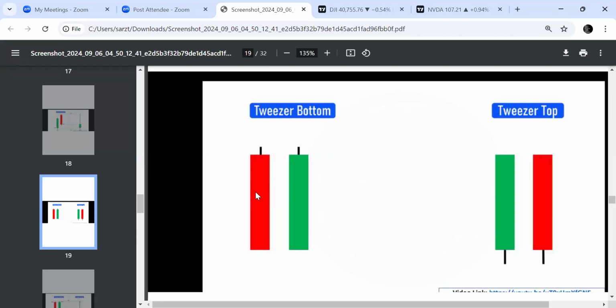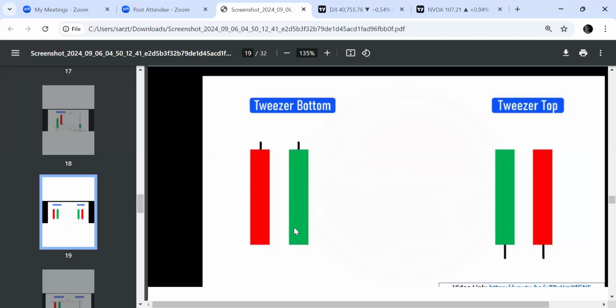Typically, if the low of this bearish candle is broken by the following candle, it suggests that the downtrend will likely continue. However, in the tweezer bottom, the next candle's low does not break the previous candle's low. Instead, a reversal takes place and the price begins to move upward.